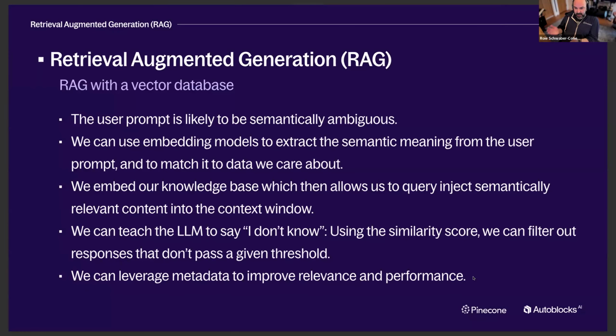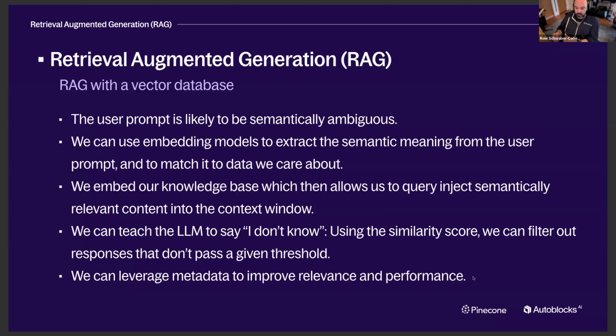So in the world of RAG and in the world of this type of application, the questions that a user might ask are probably going to be semantically ambiguous. What does that mean? It means that we can't have an expectation that a user is going to ask a question in a very, very specific way, nor would we want that for our user experience.